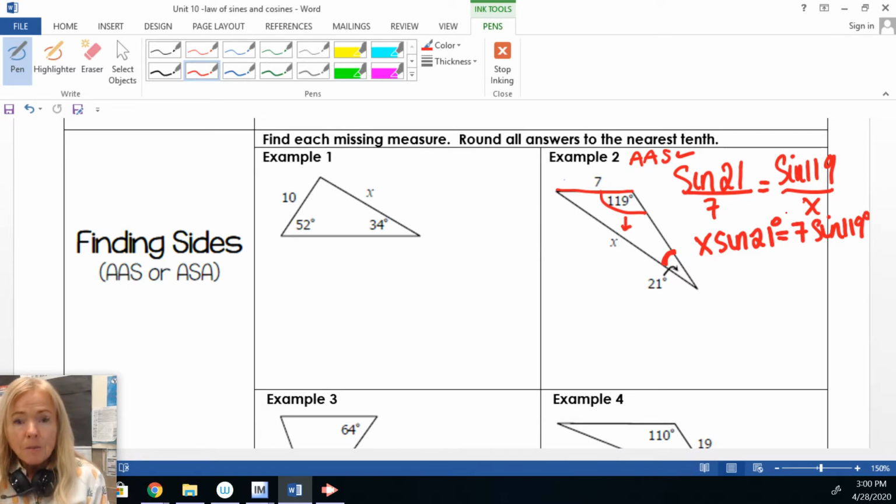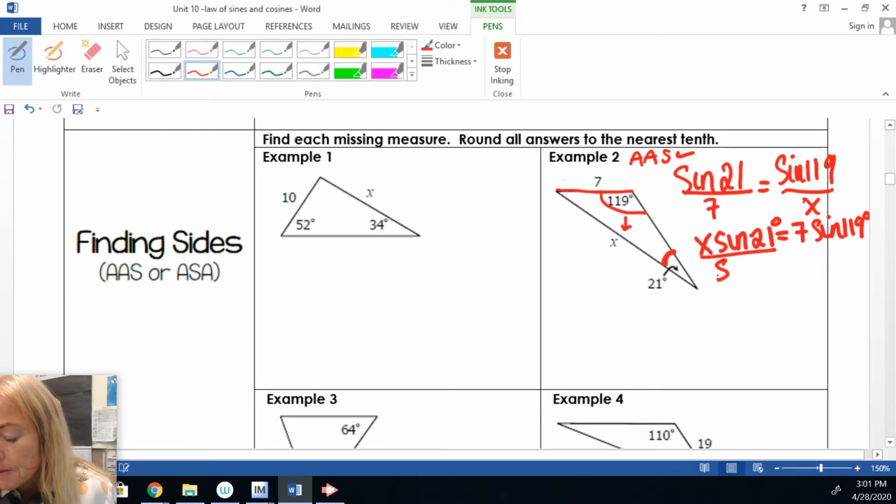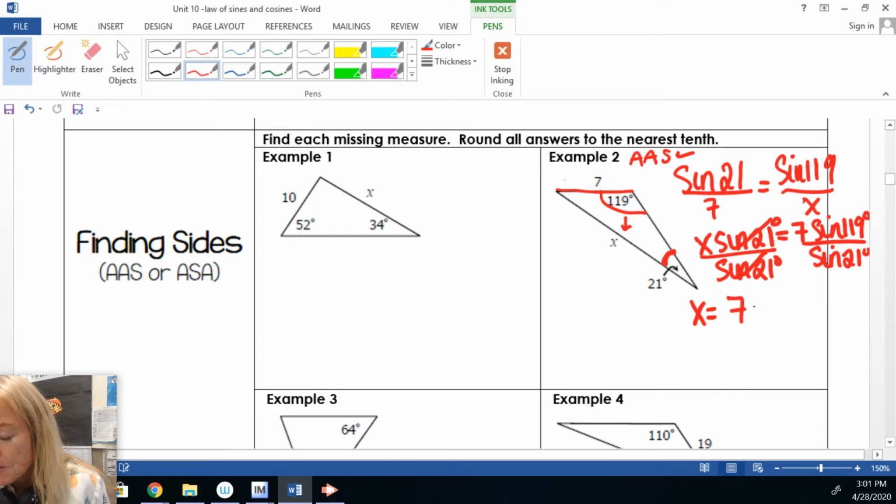All right, so you cross multiply and solve for x. X in this case is being multiplied by the sine of 21, so you're going to divide by the sine of 21 in order to have x equals. And if we divide one side by the sine of 21, we must divide the other side by the sine of 21. So we have x is equal to 7 times the sine of 119 over the sine of 21 degrees.